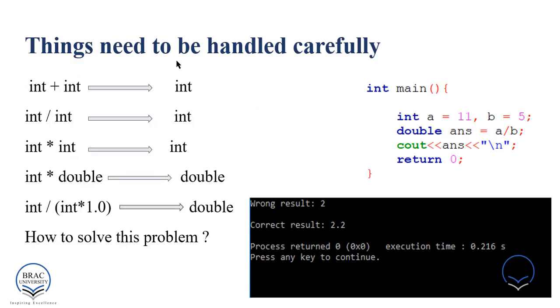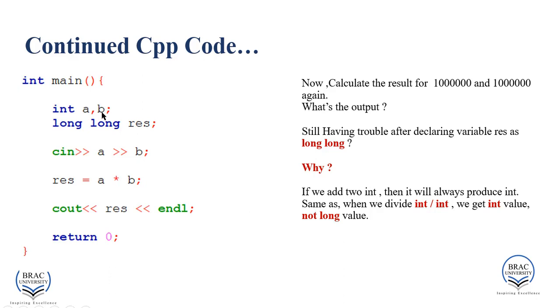If you sum up two integer numbers, it will always give you an integer number. If you try to divide two integer numbers, it will give you an integer number, and if you try to multiply two integer numbers, it will give you an integer number. So here a and b are integers, but you are trying to multiply two integer numbers and store the result in a long variable.